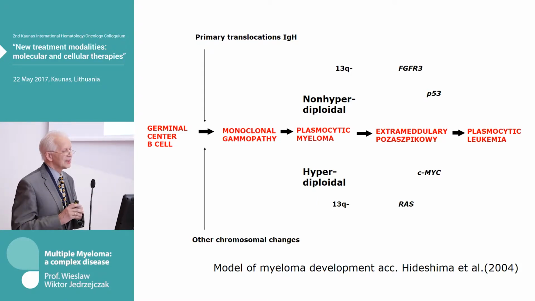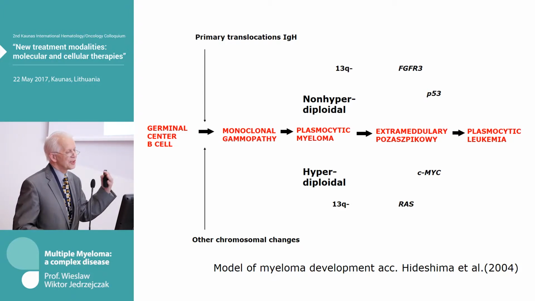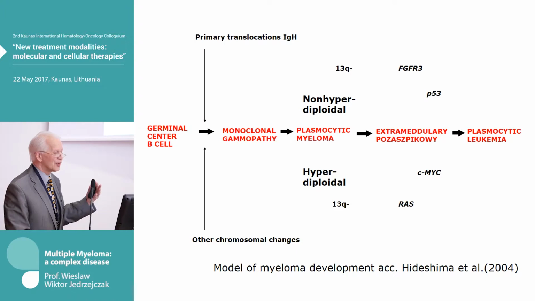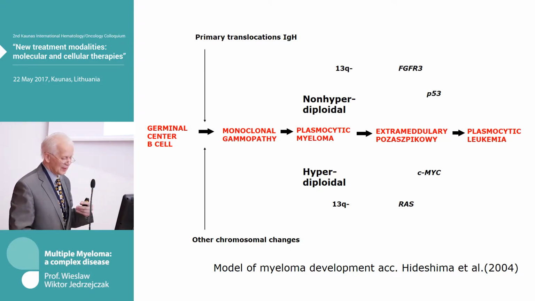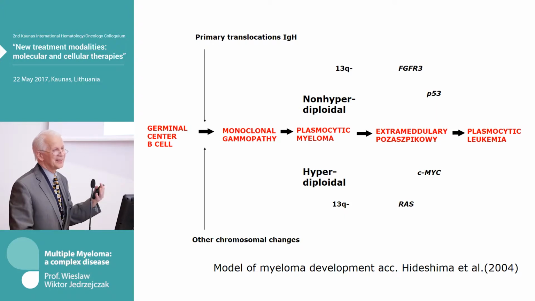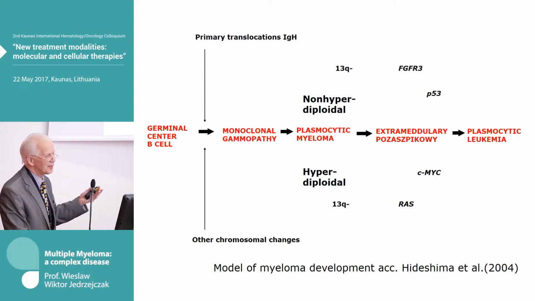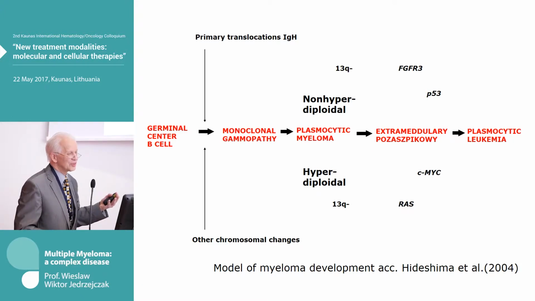It is not so that this process will always be completed in every patient. Actually, the majority of patients stop at monoclonal gammopathy and never develop multiple myeloma. The risk of progression of monoclonal gammopathy to full-blown myeloma is about 1 to 2% yearly. So if the median age of occurrence is 69 years, it means that the vast majority of patients have no chance during their normal lifespan to actually progress to multiple myeloma.